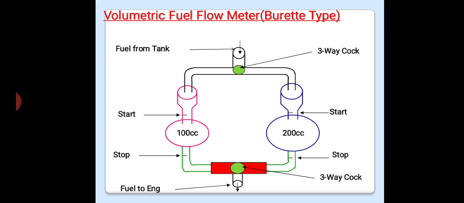Next, we are going to discuss the volumetric fuel flow meter, burette type. We can see in this figure a simple arrangement for measurement of fuel supply in the laboratory. It consists of two spherical shells, one of 100 cc and the second of 200 cc capacity. These are connected to two three-way cocks so that one spherical shell feeds the engine while the other is filled from the fuel tank.